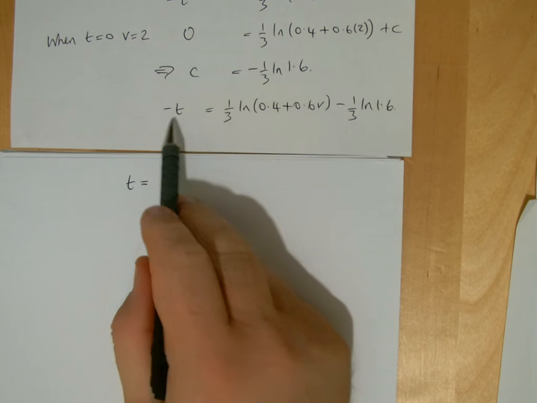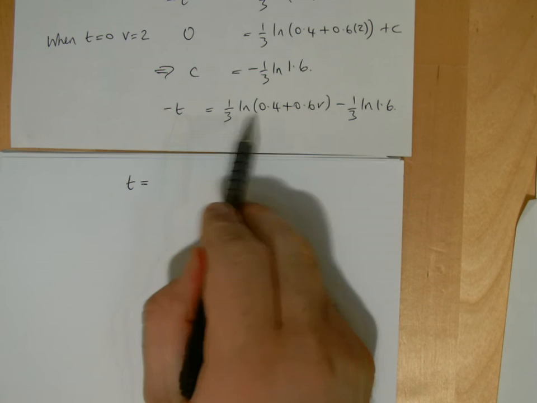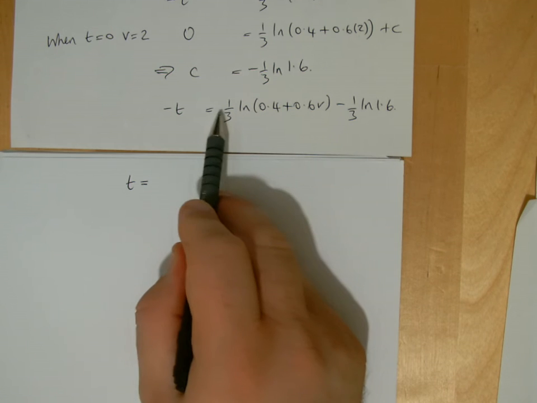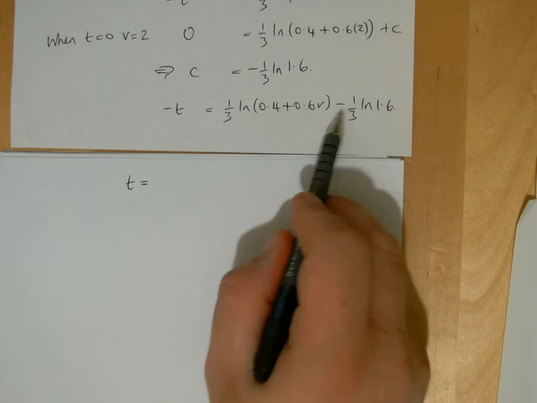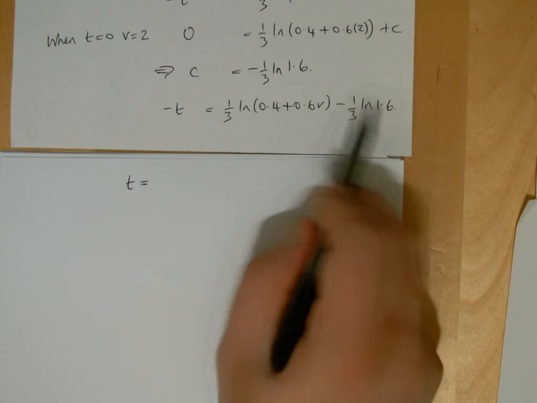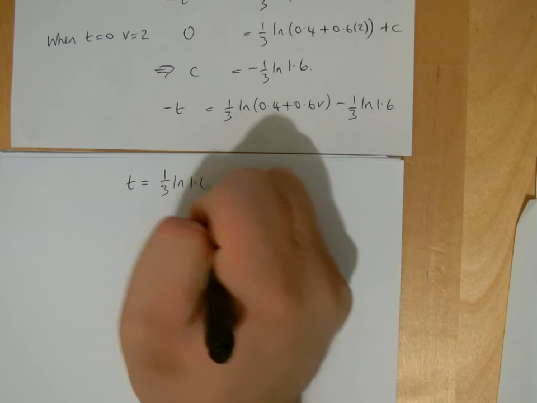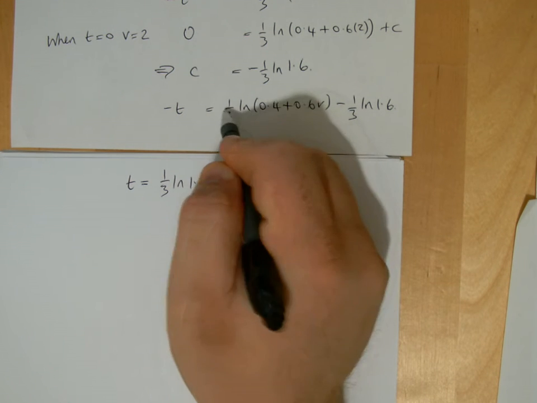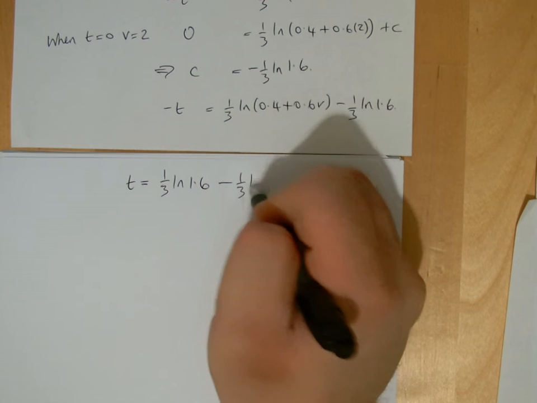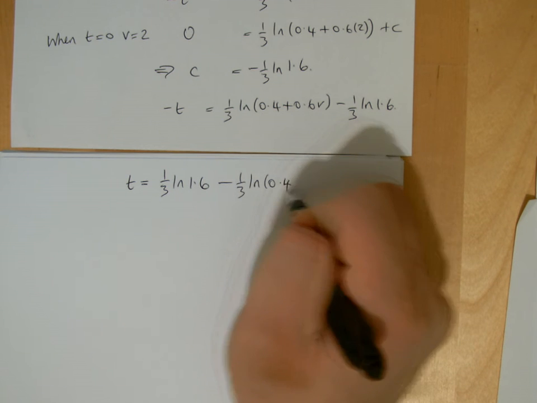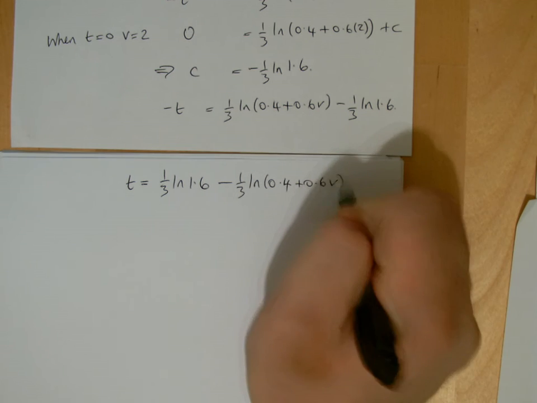I'll make that positive, but then I've got to change all the other signs, so this will become negative, and this will become positive. So let's write that: this becomes positive, so I'll have 1/3 ln 1.6, and then this becomes negative, take away 1/3 ln 0.4 plus 0.6v.